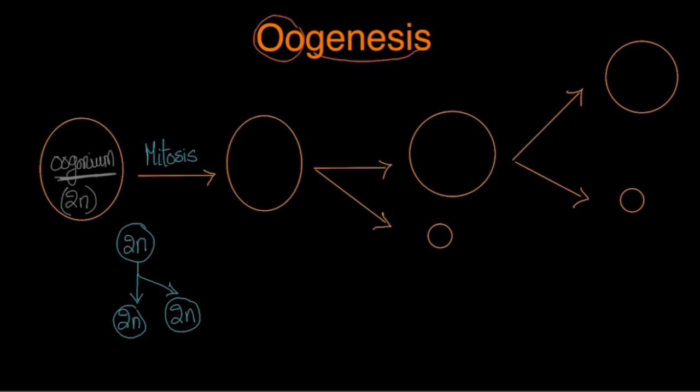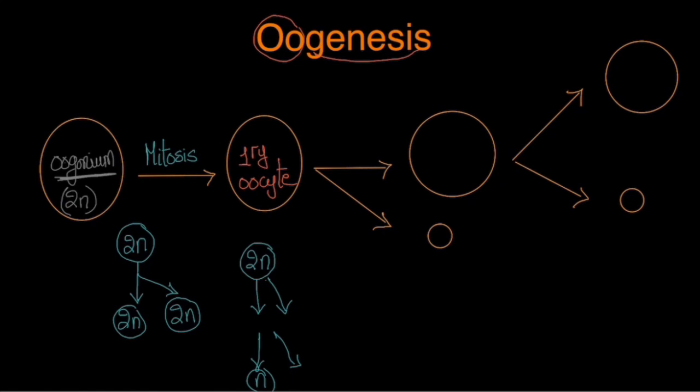What do we call those cells that will result from the mitotic division of the oogonia? Those are called my primary oocyte. Primary oocytes will be dividing by meiosis. Remember, a meiotic division, I will be dividing a diploid cell 2 times in order for me to get haploid cells.